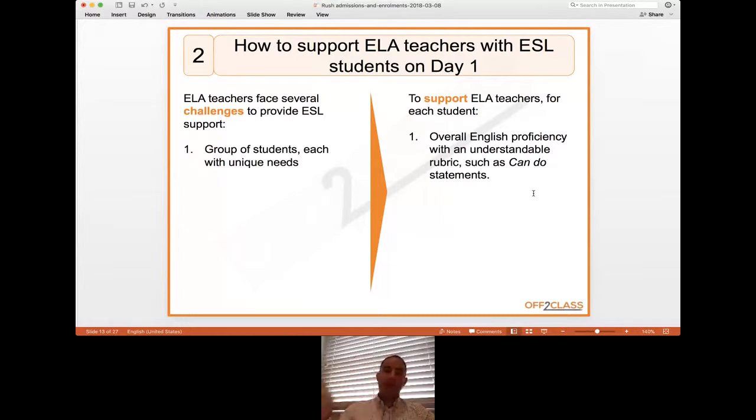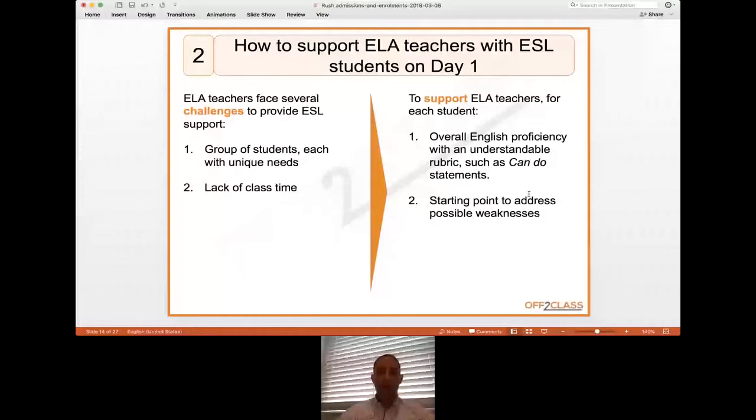And these understandable can-do statements, or any understandable rubric, become really important for that ELA teacher to communicate with other teachers, with history teachers, with science teachers, about what are the reasonable expectations today on day one with this student.